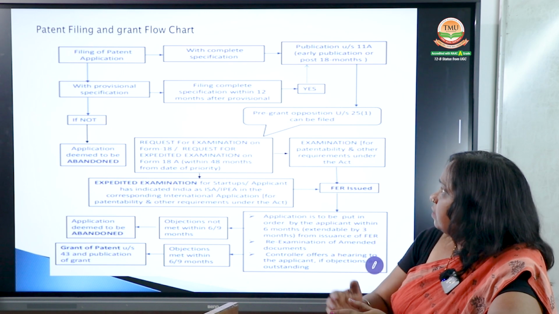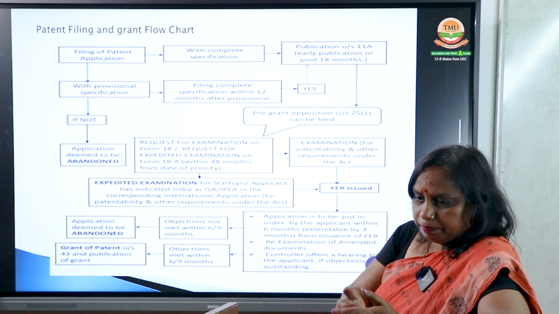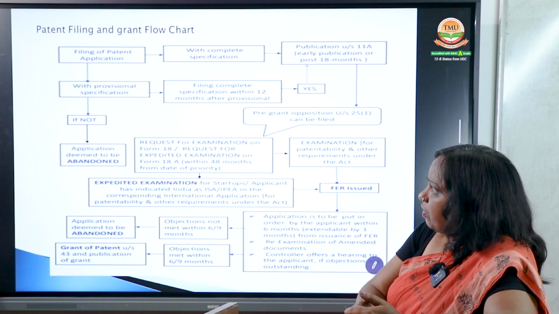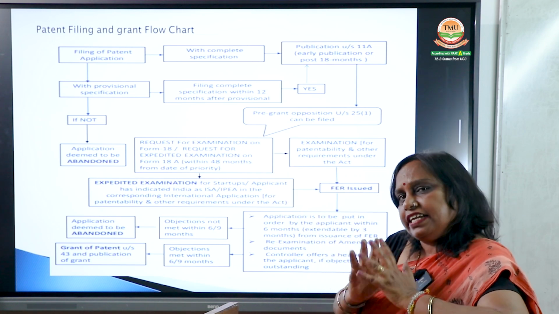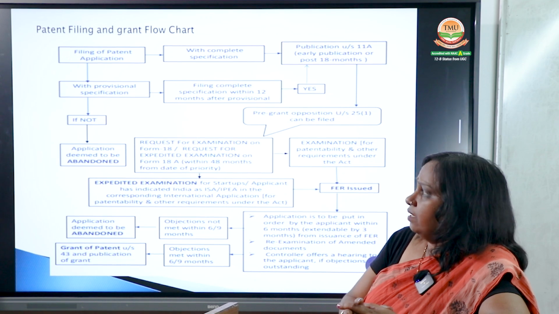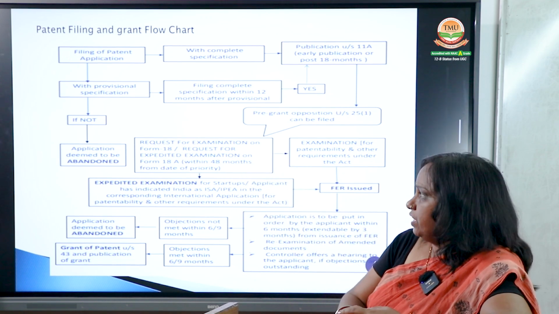So after that, pre-grant opposition means before granting, if any opposition is required. If nobody is taking any objection, if it is okay, some time is given, then the inventor can request for the examination.